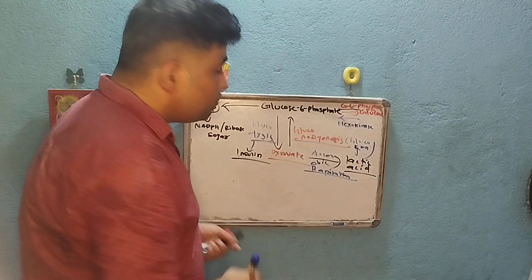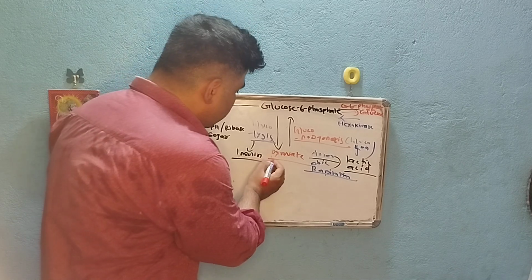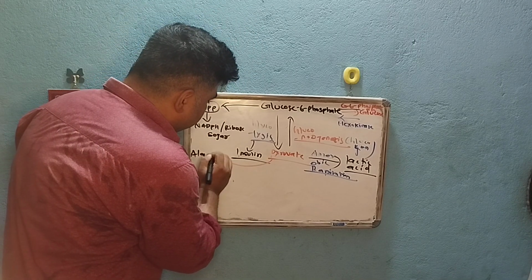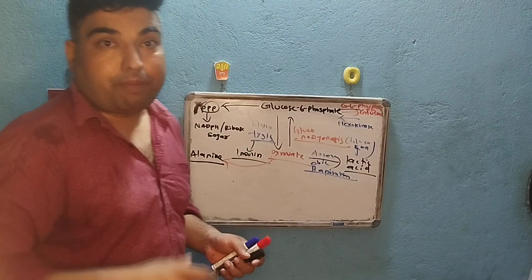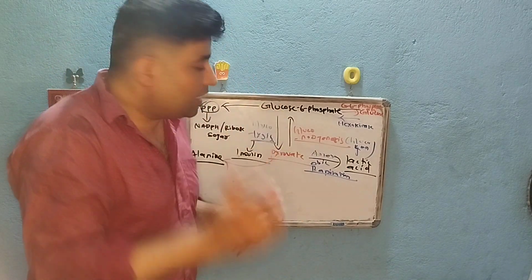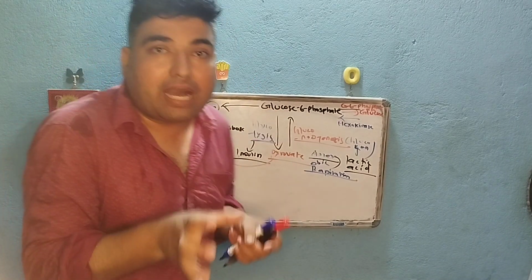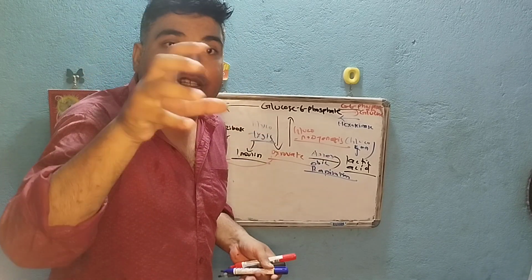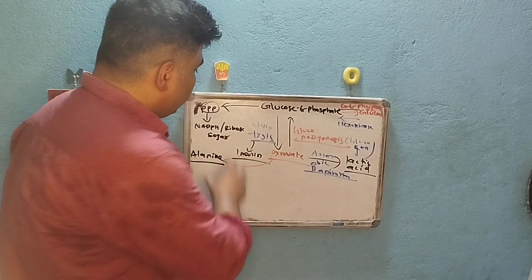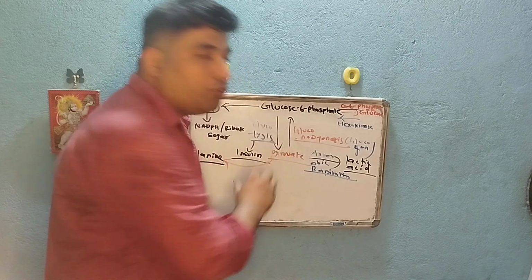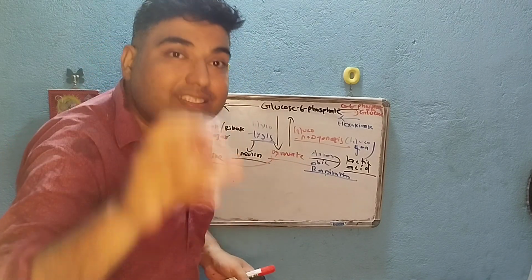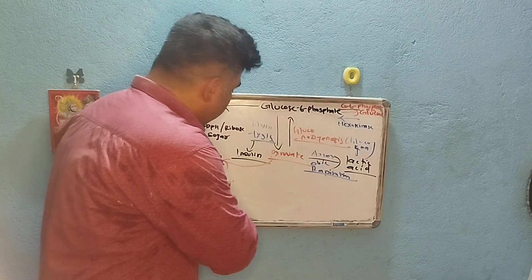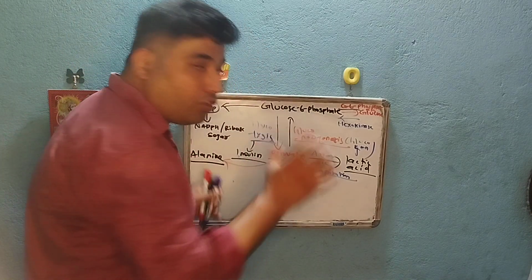Now during gluconeogenesis, pyruvate can also be formed from alanine. This process is also a part of gluconeogenesis, where alanine, which is a gluconeogenic amino acid, is converted into pyruvate by transamination.